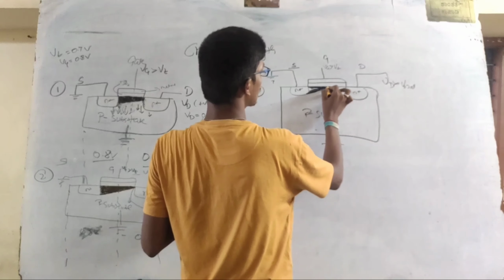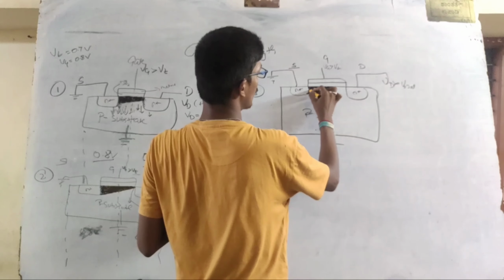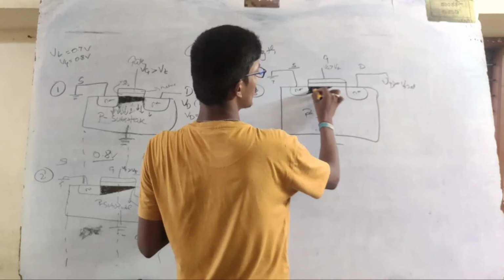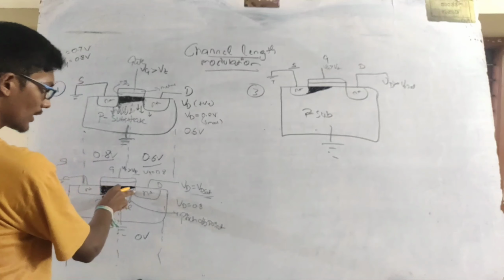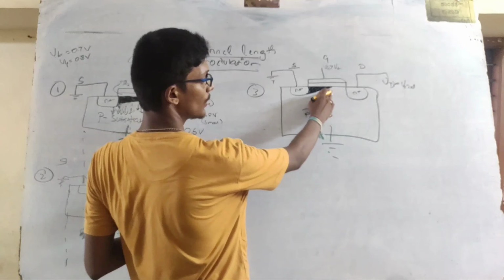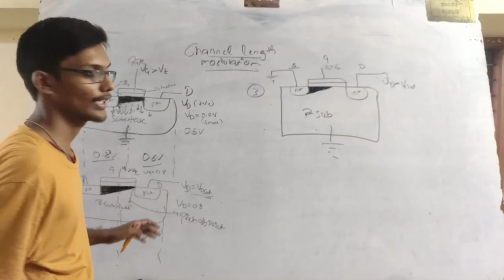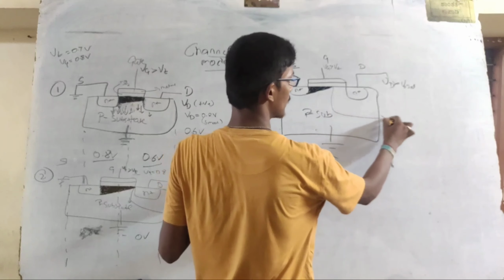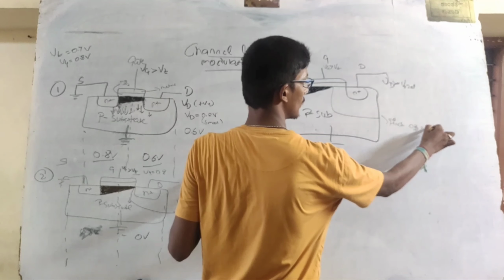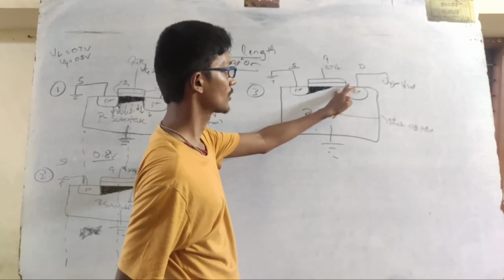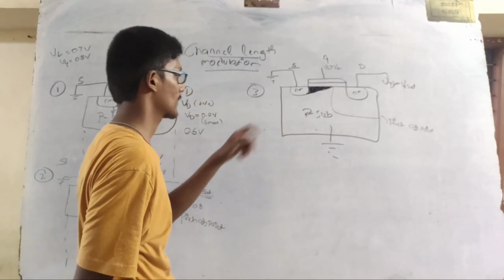So after Vd is applied, which is greater than Vd sat, my pinch off point which was near the drain terminal shifts towards the left side due to this phenomenon. This is my pinch off point, which shifts towards the left side.